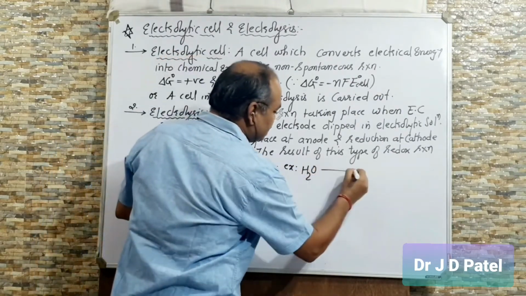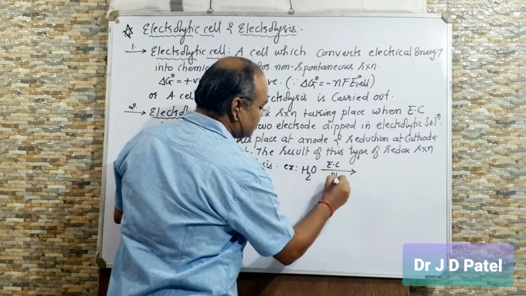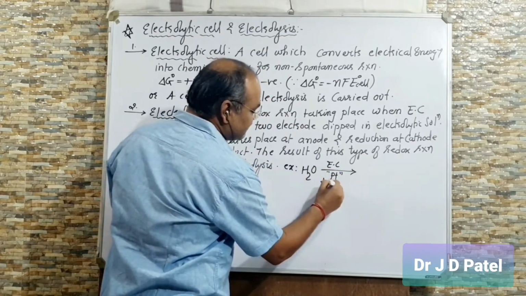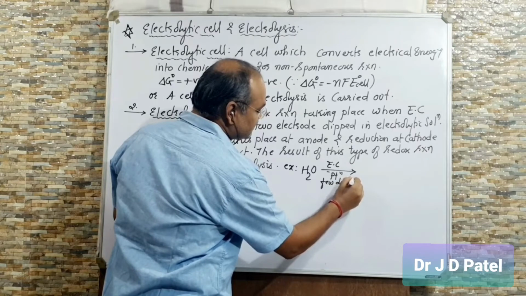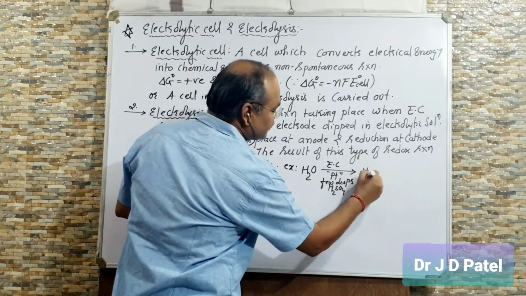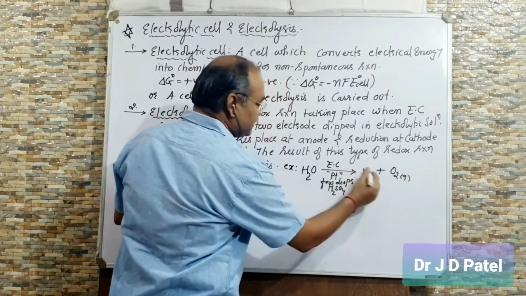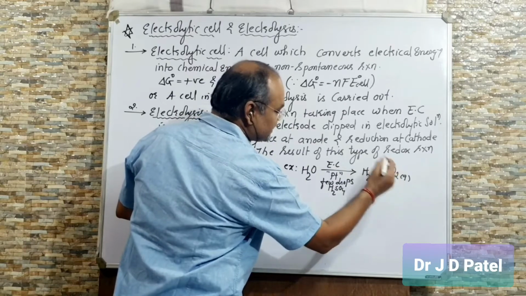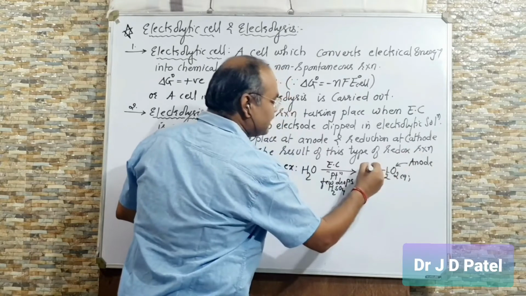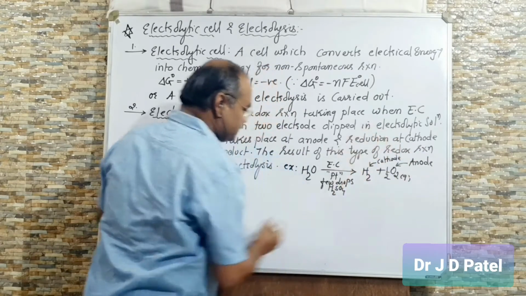When water undergoes electrolysis by passing electric current in presence of two platinum electrodes, by adding a few drops of H2SO4, you will get H2 gas plus O2 gas, right? If you want to balance, you can write half O2 gas. O2 gas will be obtained at anode, H2 gas will be obtained at cathode. Let us see how.